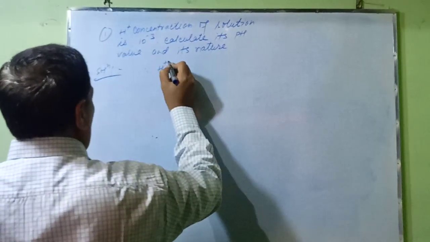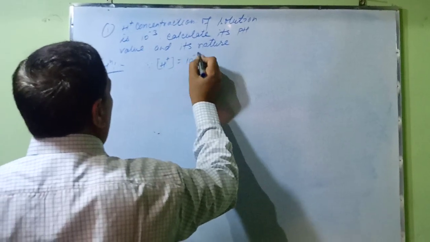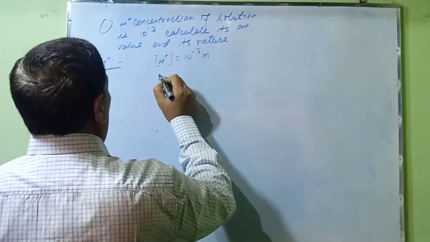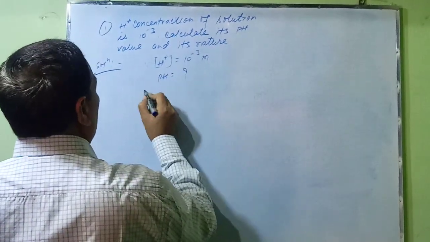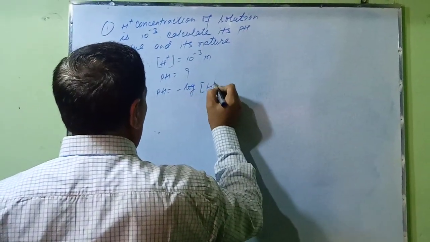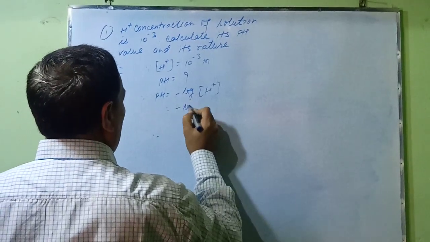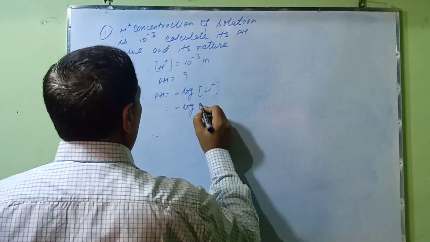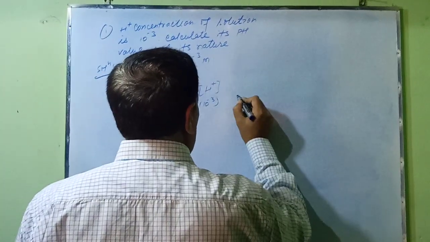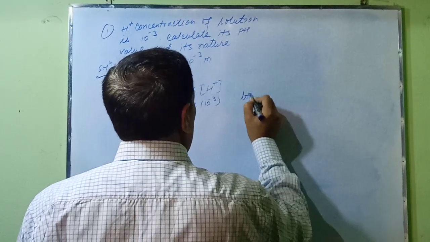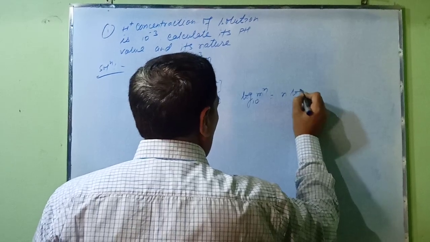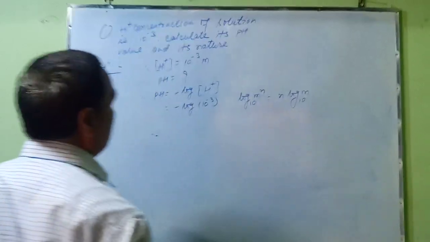Here concentration of hydrogen ion is equal to 10 to power minus 3 molarity. Calculate pH. We know pH is equal to minus log hydrogen ion concentration. Minus log, putting the value of hydrogen ion concentration 10 to power minus 3, by formula of logarithm log m power n base 10 is equal to n log m base 10.